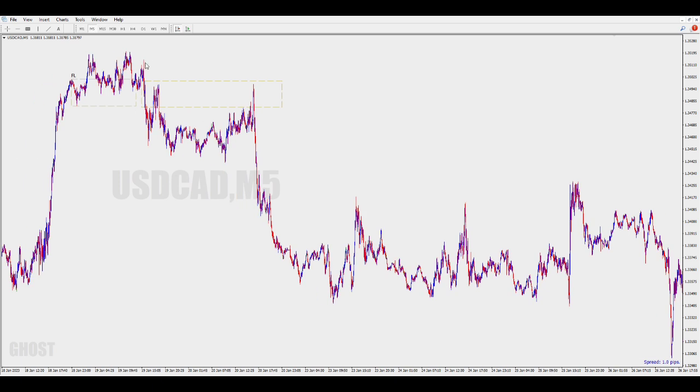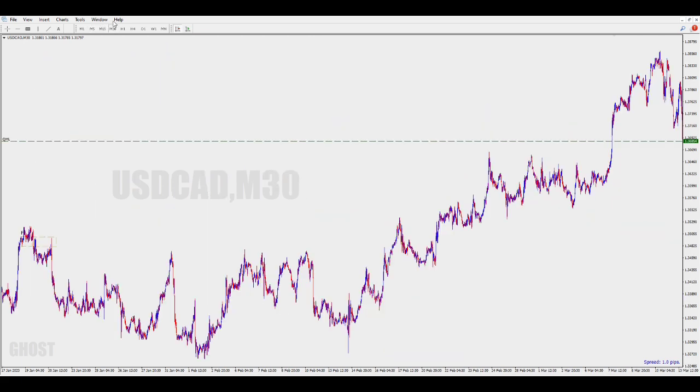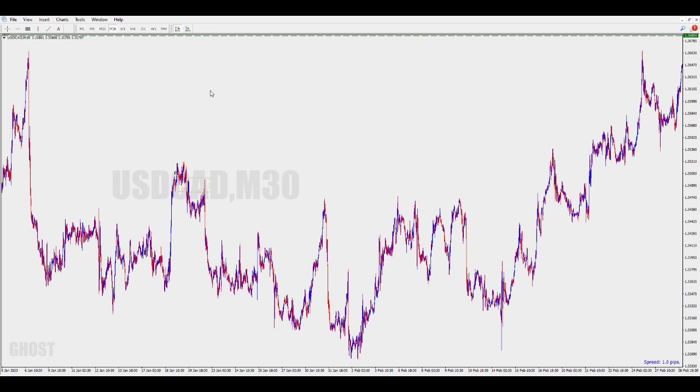Because this upper zone I don't like. Well, I don't think it's a good example, to be honest with you. I wouldn't really trade this one. You know what? I don't really like this example. I probably, in real life, wouldn't take this trade.